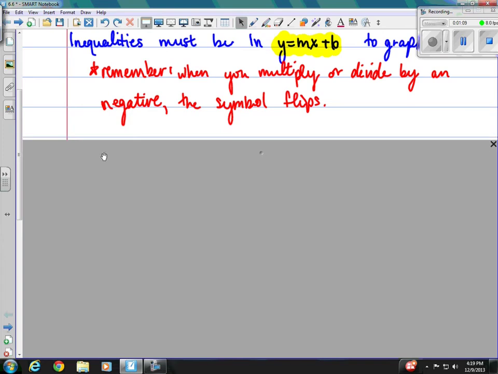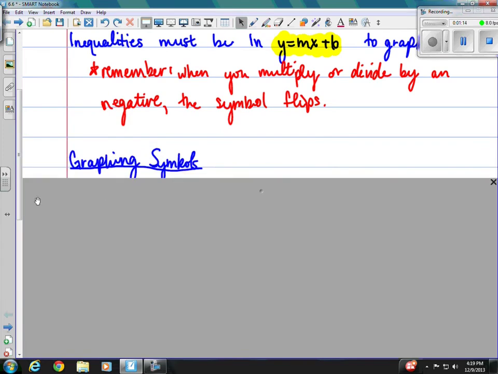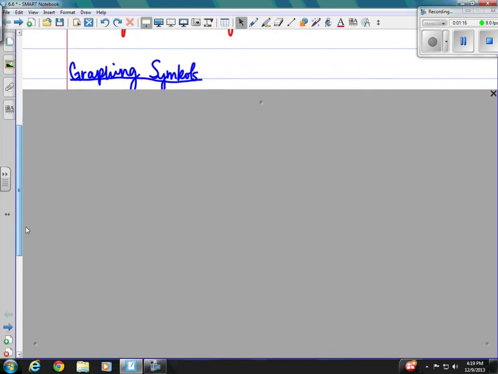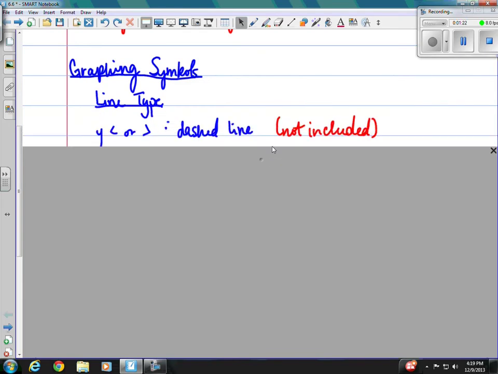Now, inequalities graph a little bit differently than equations. There's a couple of symbols we need to go over. So, graphing our symbols. The very first thing it does is it changes our line type. We have our first line, which is y is less than or greater than. If you notice, these inequality symbols don't have lines under them, so that means it's a dashed line because that line's not going to be included.